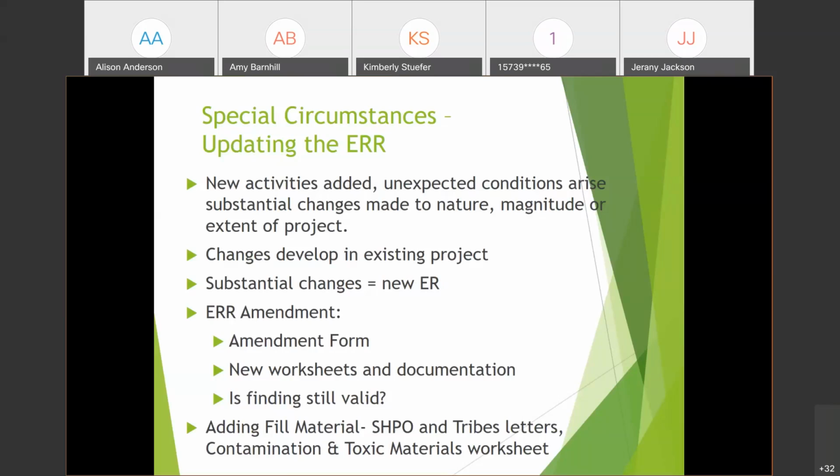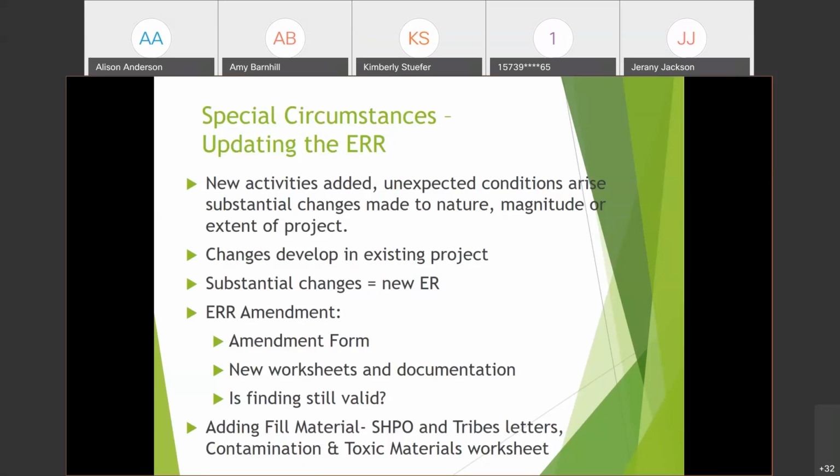Things to look for with amendments, you need to ask if the finding is still valid. Is it still a CEST or is an EA needed? Are there additional conditions of approval needed? Is it still a FONSI if it's an EA? Does it have the same findings with the statutory checklist?